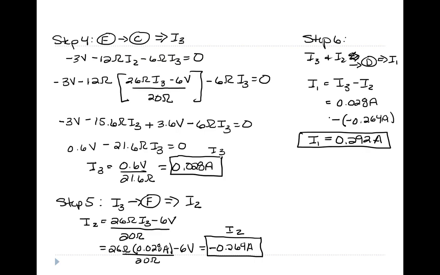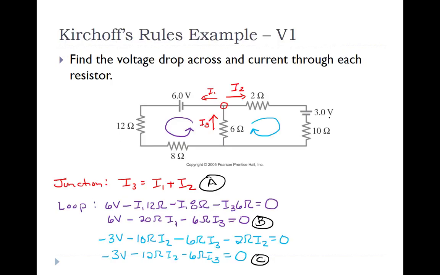Done. Okay, now let's take our answers and go back to our original circuit way back here. We found that I1 equaled 0.292 amps. Okay, that means it's positive. The direction that we originally chose for I1 is correct. We found I3 equal to 0.028 amps.